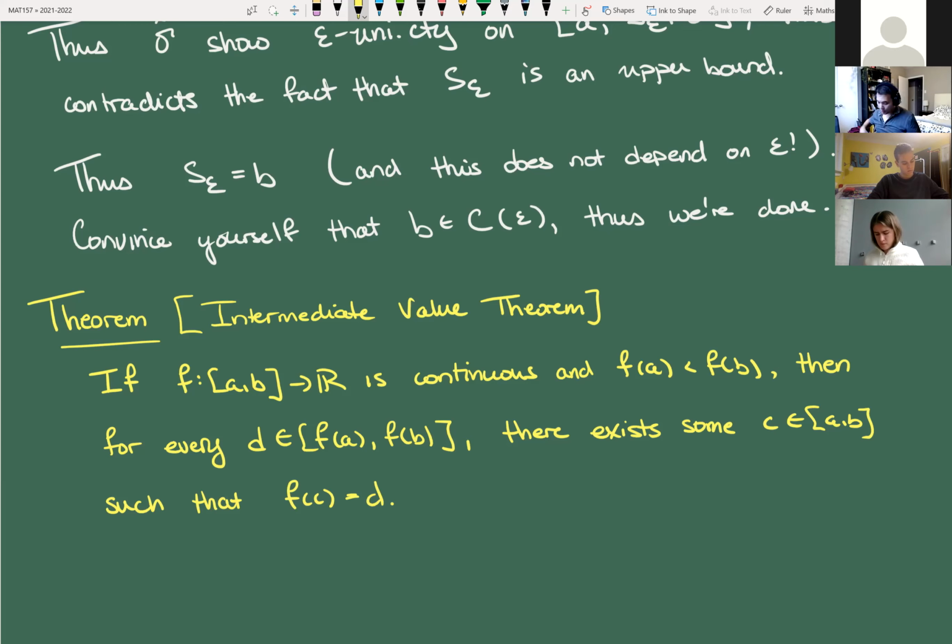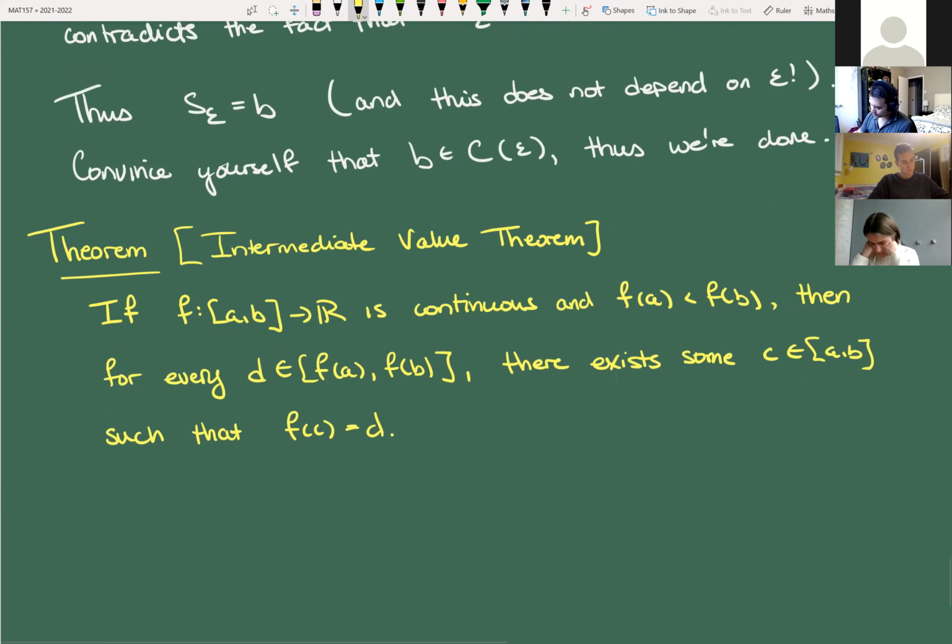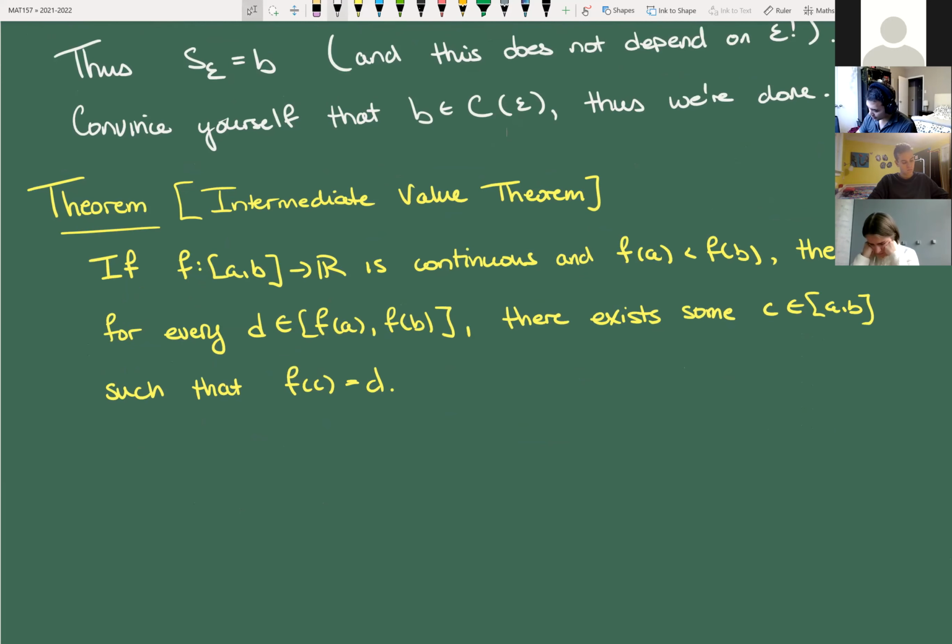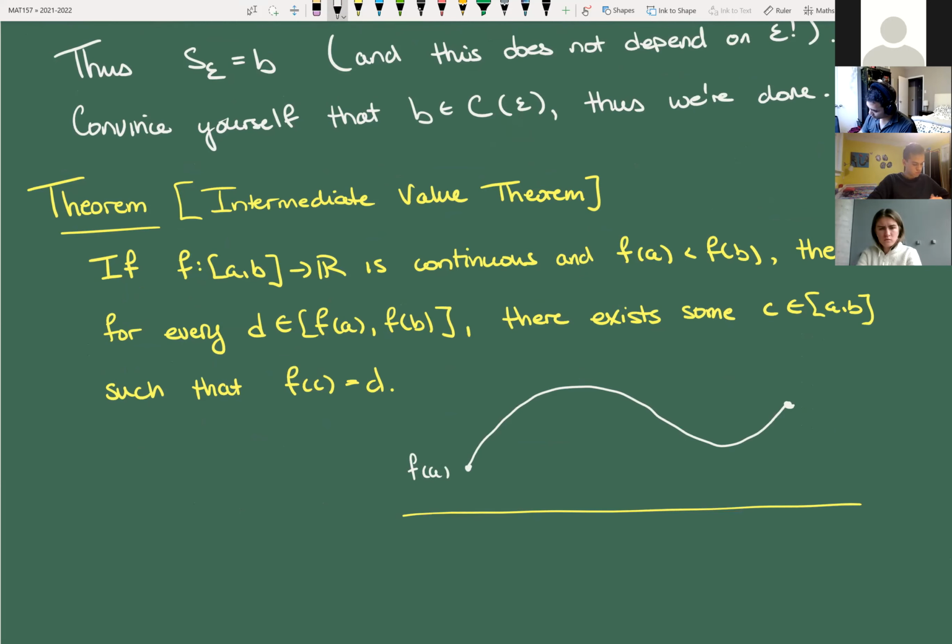Okay. So this theorem says continuous functions can't jump. If I graph a function, let's say I take the function like this. So here's f of a right here. Here's, let's say, f of b.